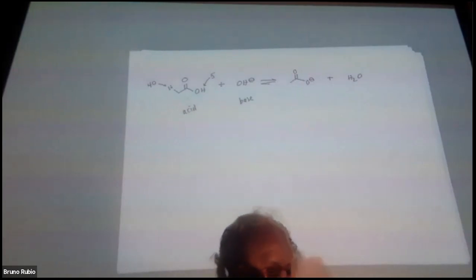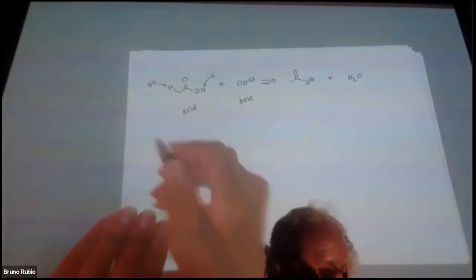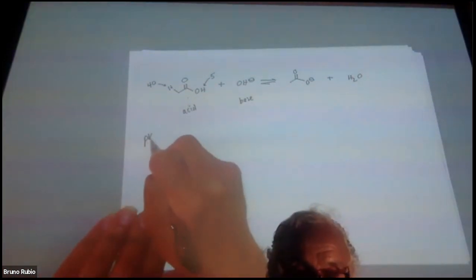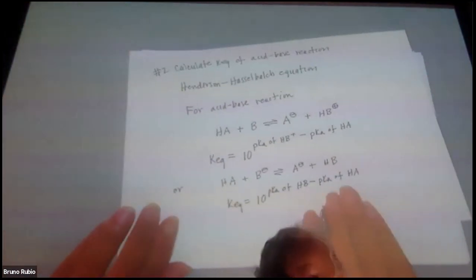Okay, now we're ready to calculate the equilibrium constant of this reaction and see whether products are favored here or reactants are favored. All right, so that's going to be our Henderson-Hasselbalch equation.